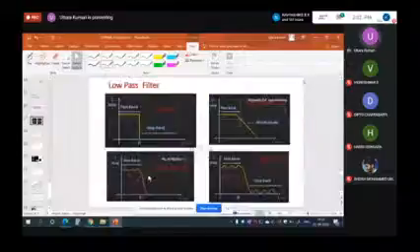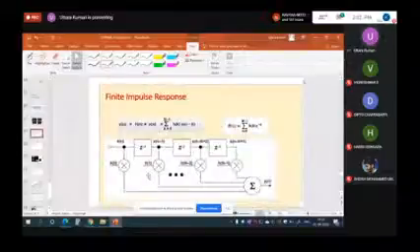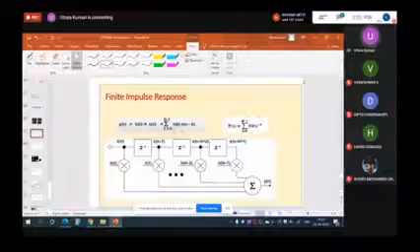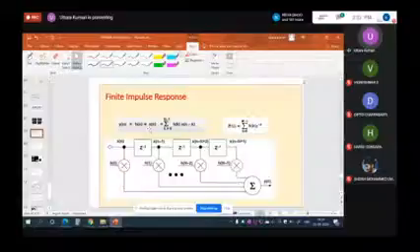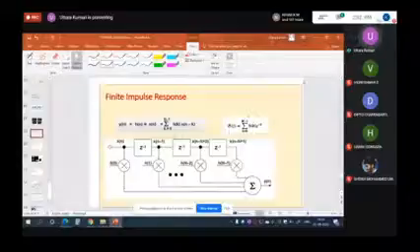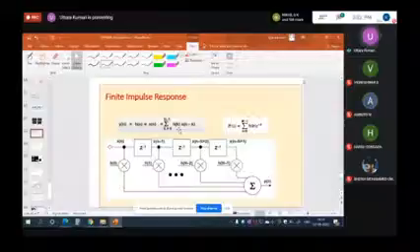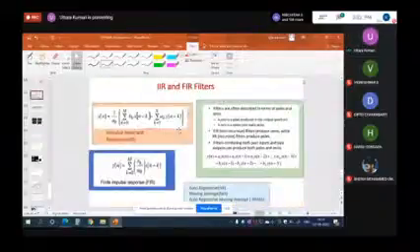Whereas the FIR filter is required for the further discussion, so I want to concentrate more on this. In FIR, the output depends only on the present input and the past inputs. There is no past output. Let me show you.